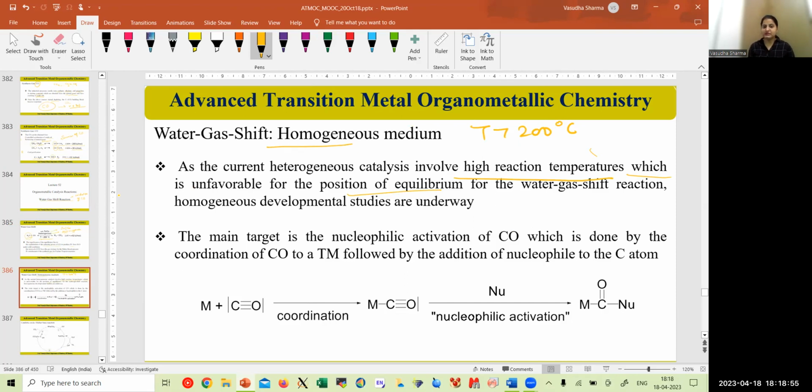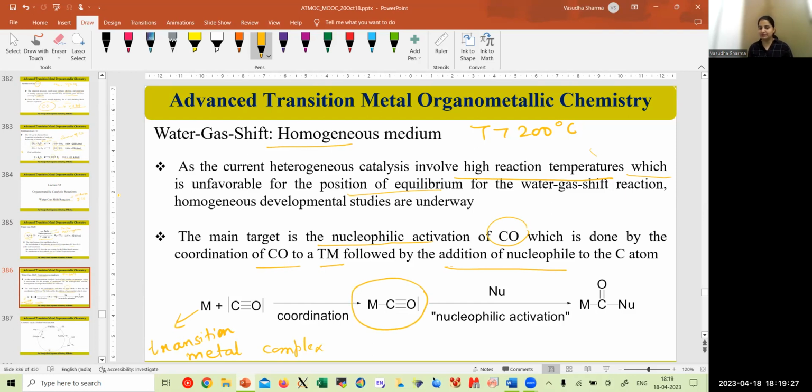The main target is the nucleophilic activation of carbon monoxide, which is done by the coordination of carbon monoxide to a transition metal, followed by the addition of the nucleophile. So here, the mechanism with the homogeneous catalyst has been defined. If we have a transition metal complex and carbon monoxide, first the coordination will happen.